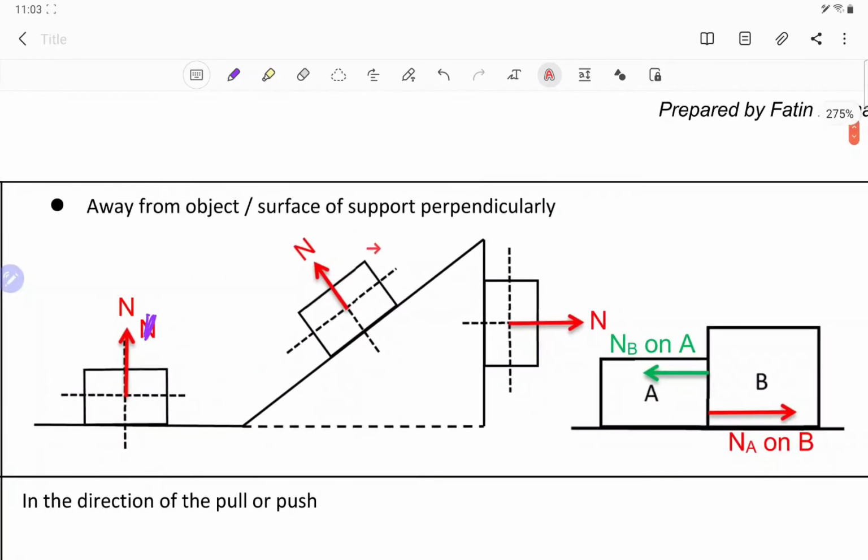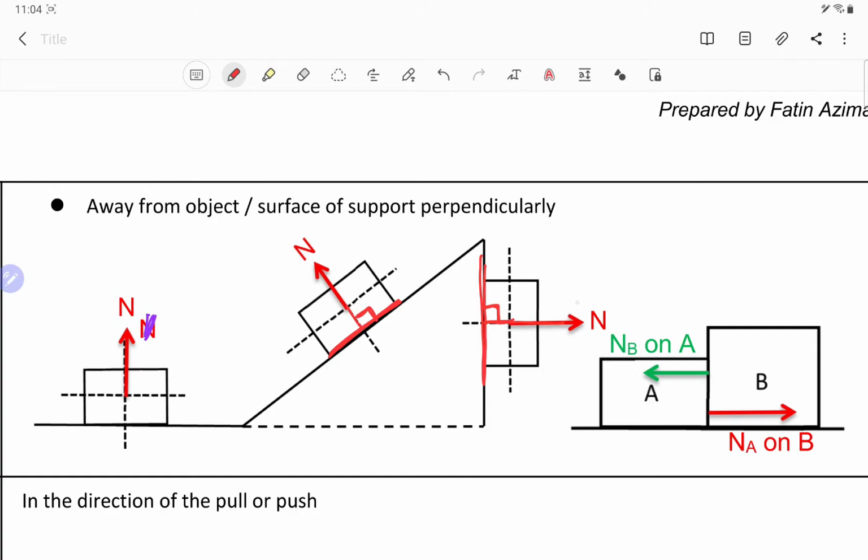And then kalau objek tu berada pada ramp, so the surface is like this. Therefore, 90 degree dengan surface tu, so normal force kita bergerak ke arah sini. And then if the object dia duduk dalam keadaan macam ni, kita kena cari kita punya surface kat mana. This is our surface, so 90 degree to the surface.